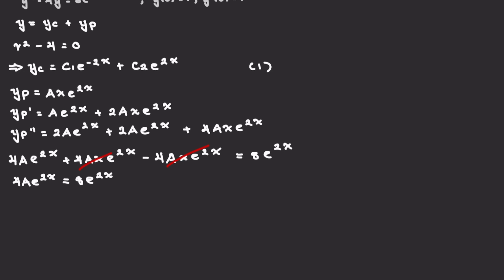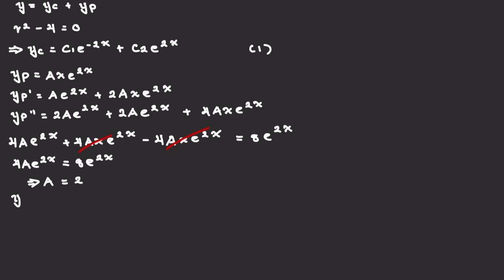And solving for a here is pretty straightforward. We get a equals 2, and plugging back our a into our yp, we'll get here 2x e^(2x).